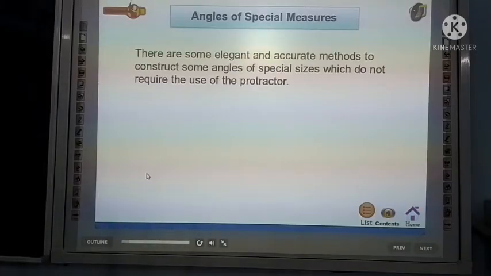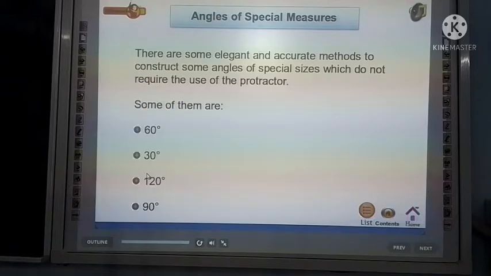Angles of special measures. There are some elegant and accurate methods to construct some angles of special sizes which do not require the use of the protractor. Some of them are 60 degrees, 30 degrees, 120 degrees and 90 degrees.